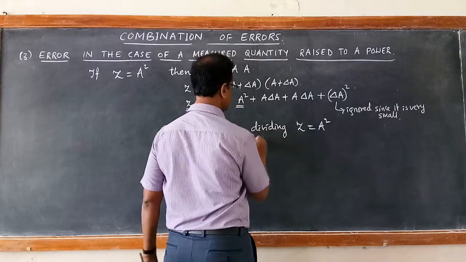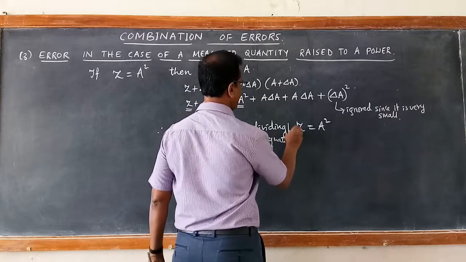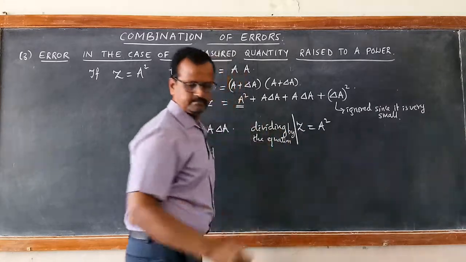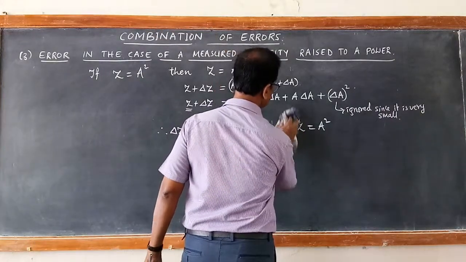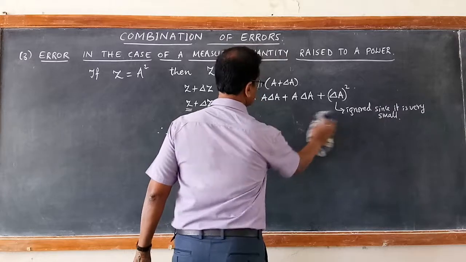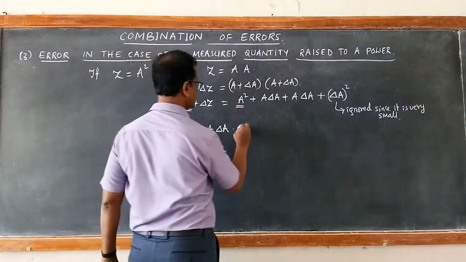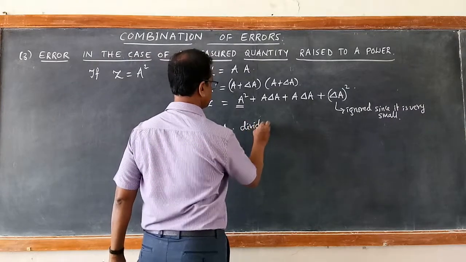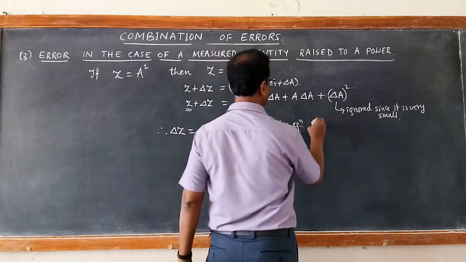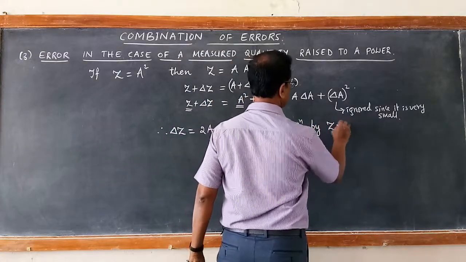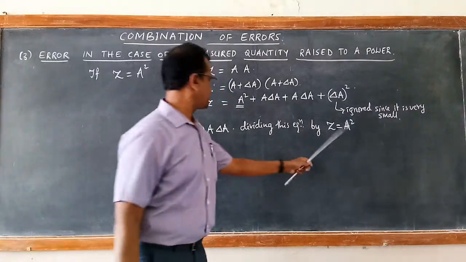Dividing this equation by z equal to a square, as we did earlier, left hand side by left hand side, right hand side by right hand side.